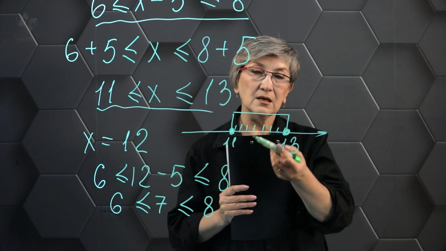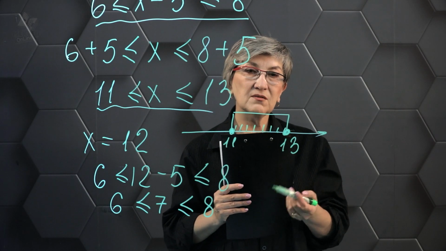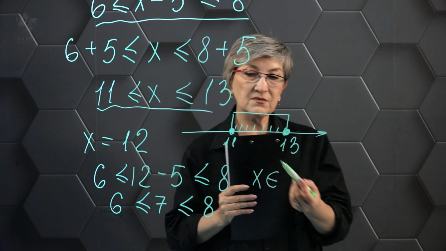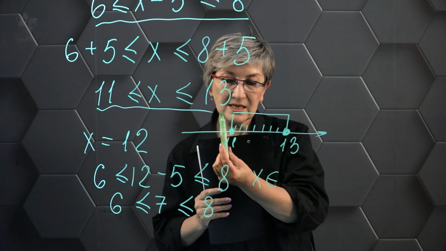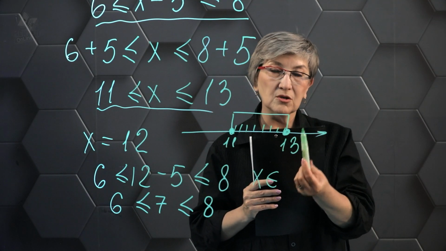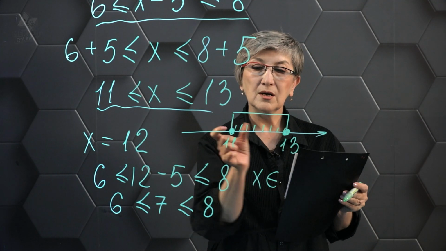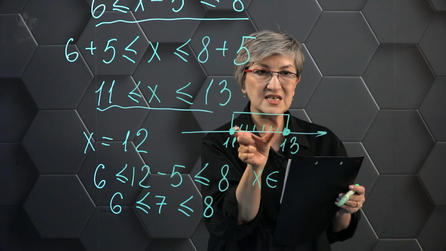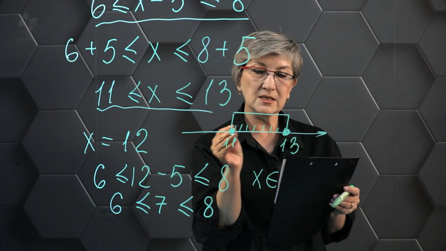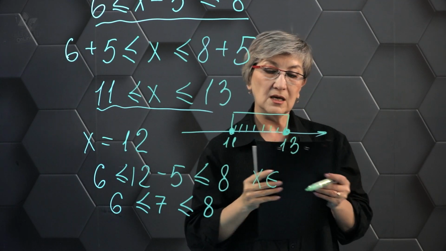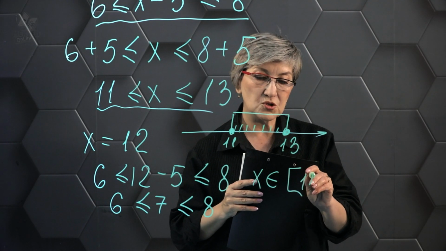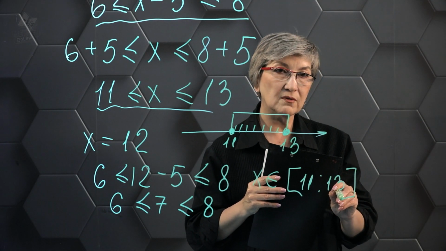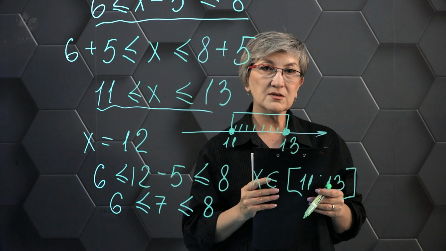Of course, this solution can be expressed as a numerical interval. x belongs to. If we say that the answer is written from left to right, then the solution to our inequality will be all numbers from 11 to 13. And then I will write it down from 11 to 13. The brackets will be square since the inequality sign is non-strict.